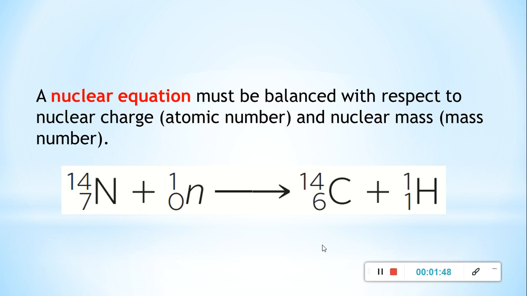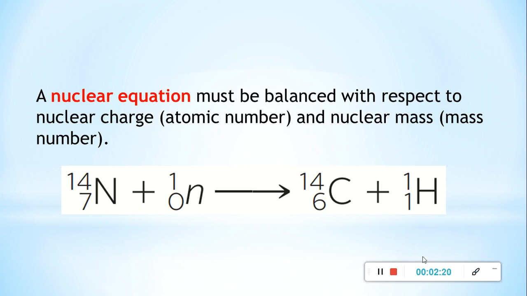As we observe, for the atomic numbers, on the reactant side we have 7 plus 0, so we have 7. On the product side, still in terms of atomic numbers, we have 6 plus 1, so we have a sum of 7. So on both sides of the nuclear equation, we have 7.